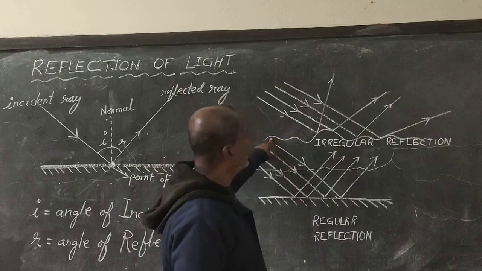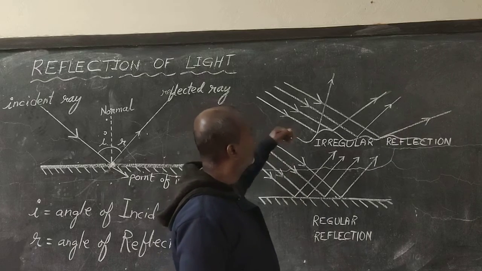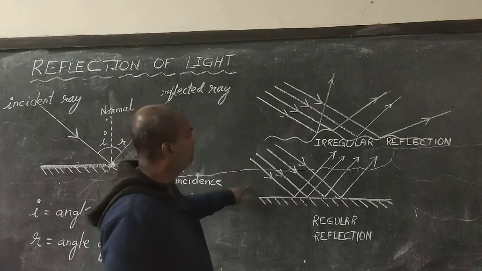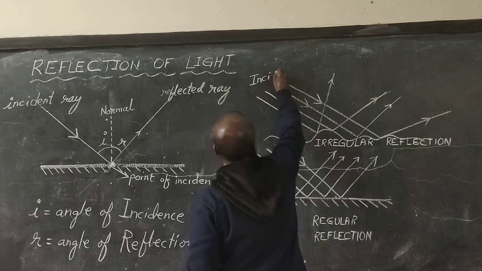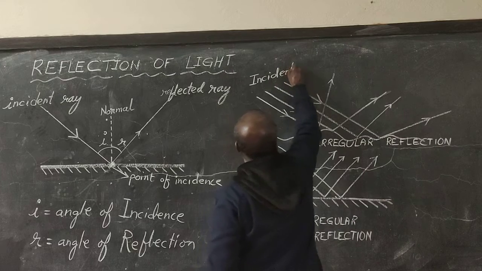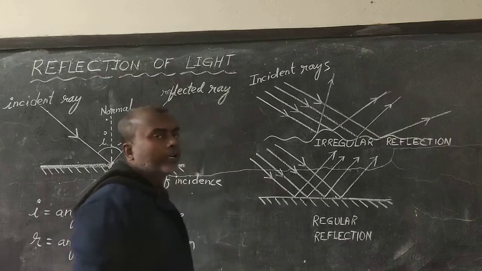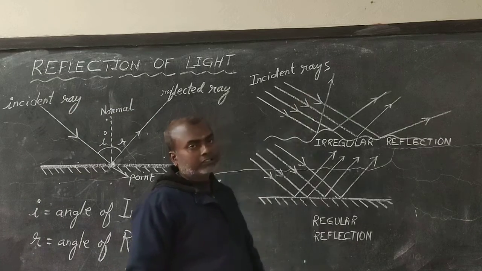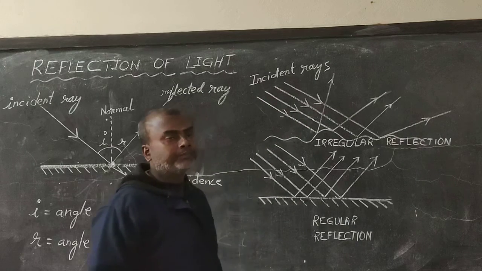Somewhere it is more uphill, somewhere it is less uphill. So uneven surface. So in both cases we see that the incident rays, now here I have drawn more than one ray, the incident rays are all parallel to each other in this case, where the surface is uneven.